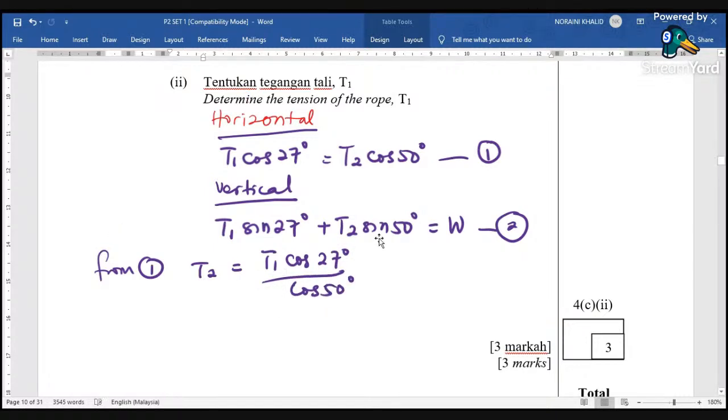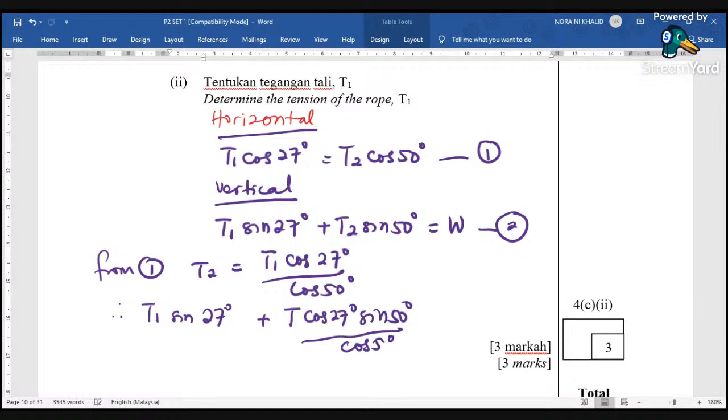So I will substitute T2 in order to get the value of T1. W is mg, 5 times 9.81.